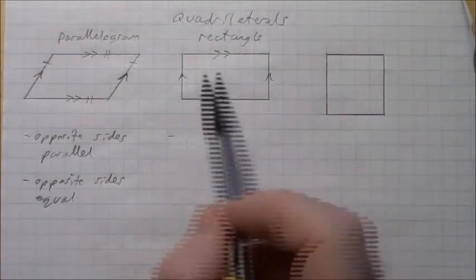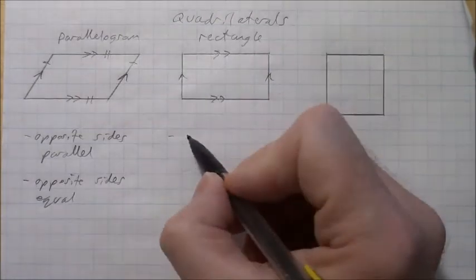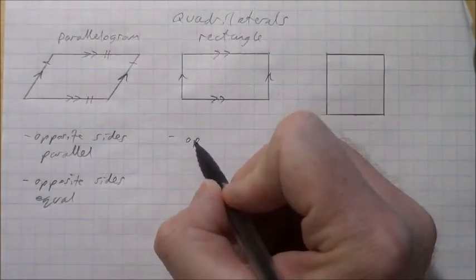We notice that opposite sides of a rectangle are parallel.